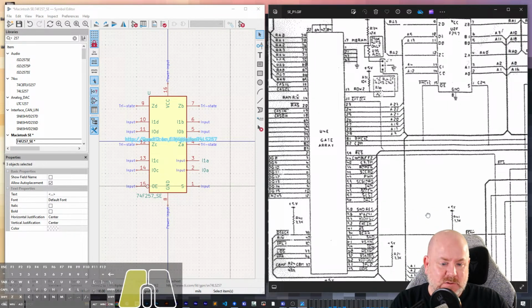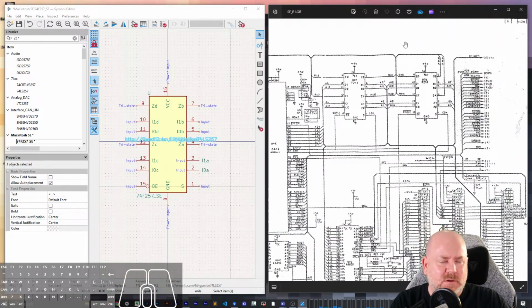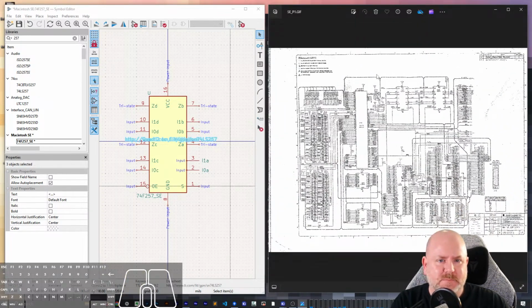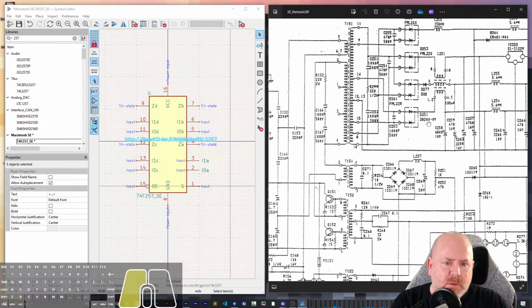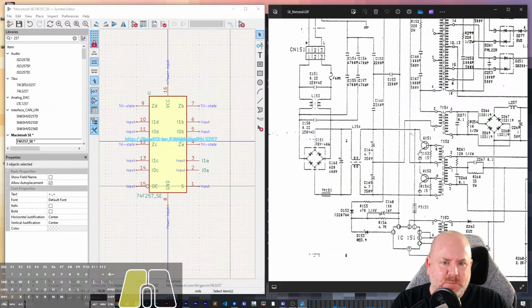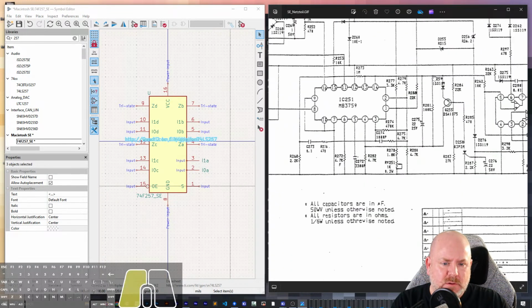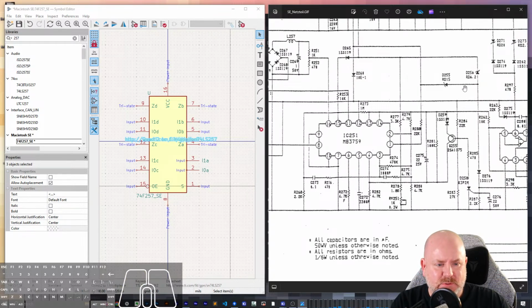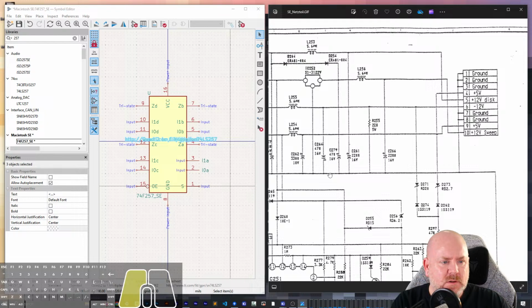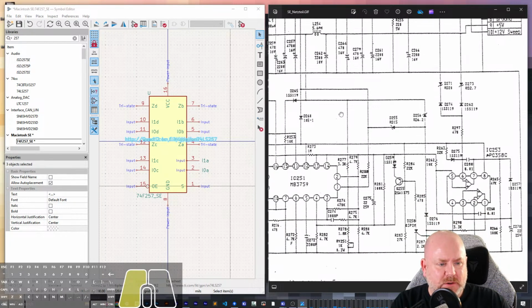I don't think. And sound, where's the sound chip? This looks like power supply. 3759. Sounds like a video chip, but maybe that's a switch mode. Yeah, this is the power supply.